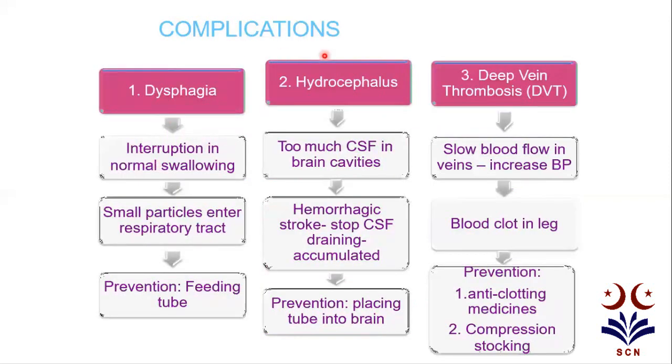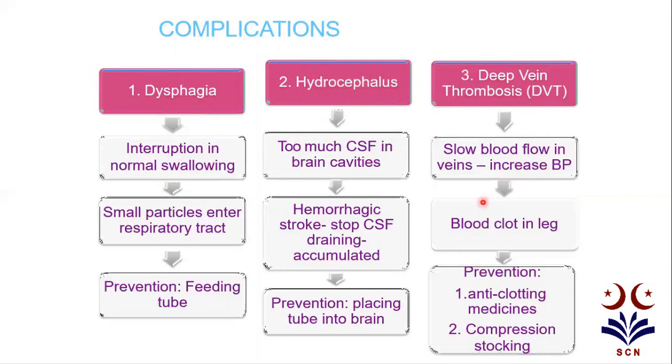And to cover the complications: dysphagia, which is difficulty in swallowing food. And then hydrocephalus. What is that? An increase in the pressure of the cerebrospinal fluid. And then DVT. This is what happens in the legs, for example. I told you soleus is there, and there is slow blood flow in the veins.